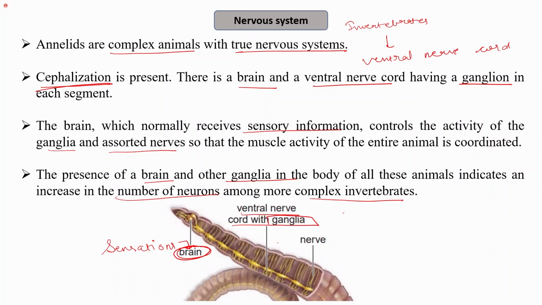So the presence of a brain and other ganglia suggests a somewhat more complex nervous system compared to the previous invertebrates, where mostly nerve nets are present. In cnidarians, we have nerve nets, not a very well developed brain. So we are seeing the progression of the nervous system in the complex invertebrates.